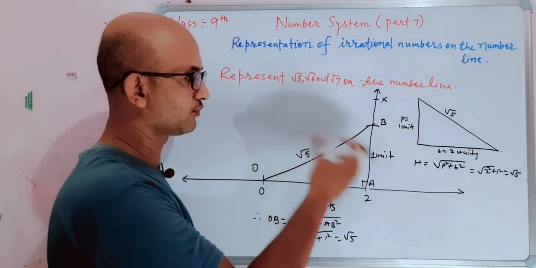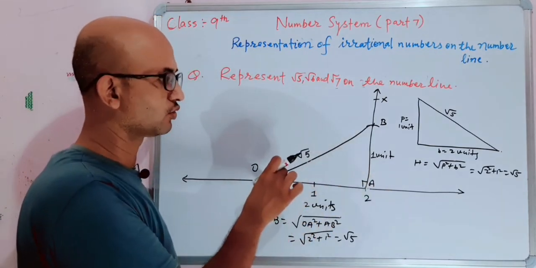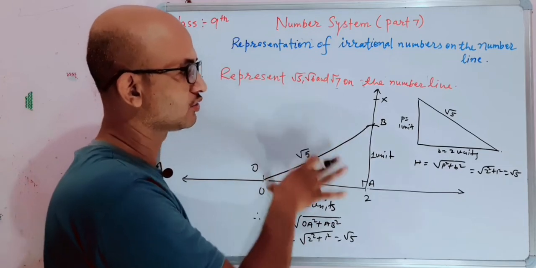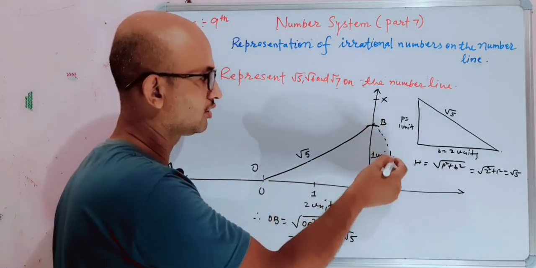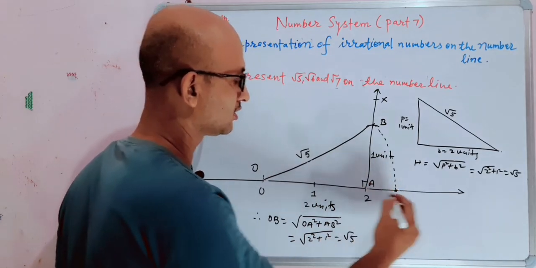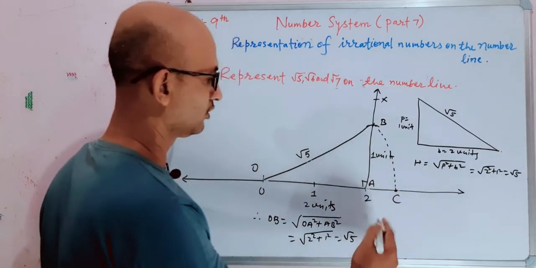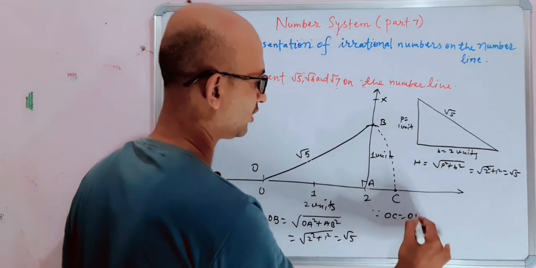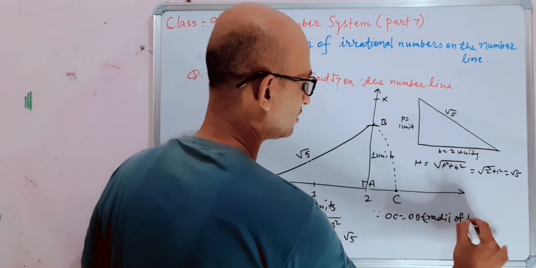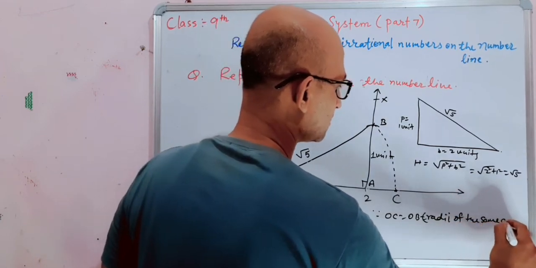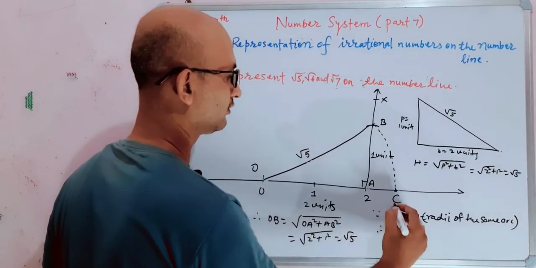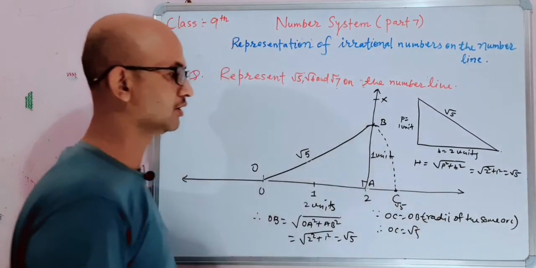Now we take O as center and OB as radius and draw an arc. The arc cuts the number line at a point, named C. OC and OB are radii of the same arc, so the point C represents root 5 on the number line.